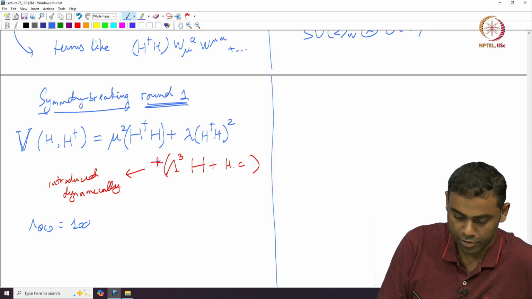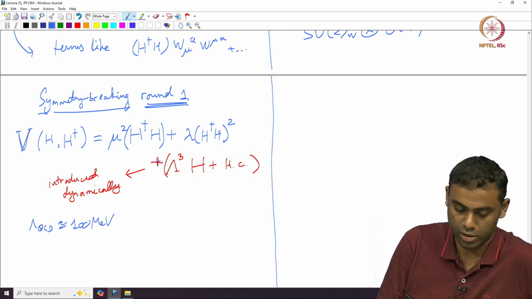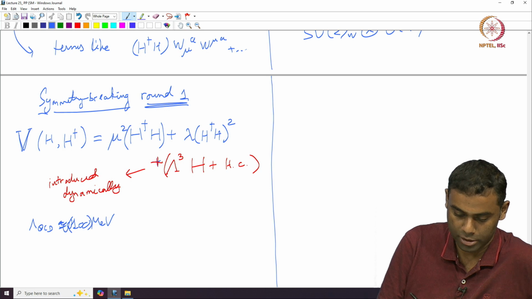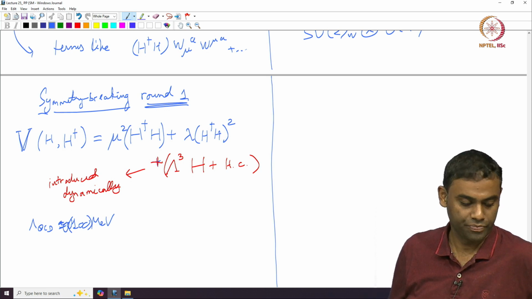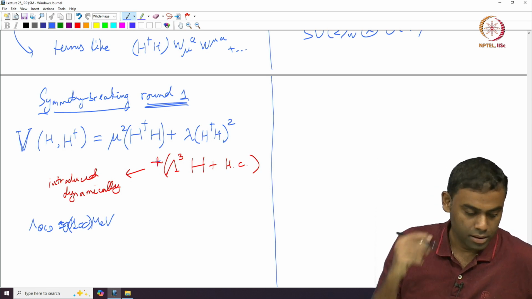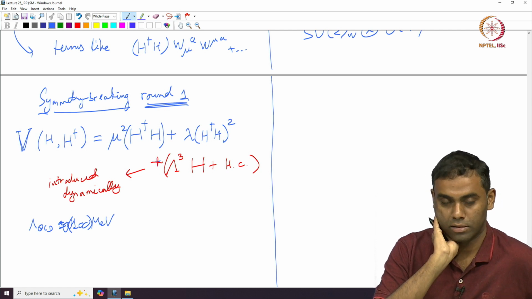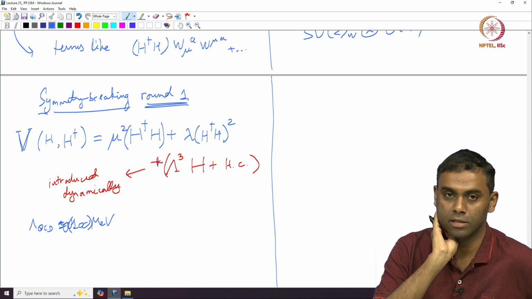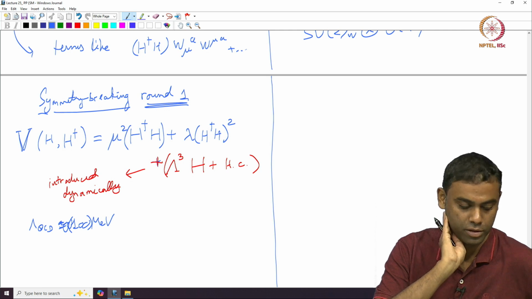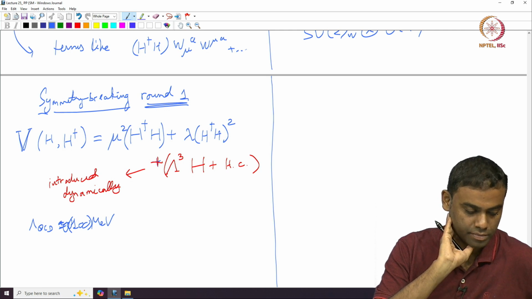It is around 100 MeV, order 100 MeV. Imagine that the electroweak scale was smaller than this, or that the QCD scale is much larger than what it is in our universe.